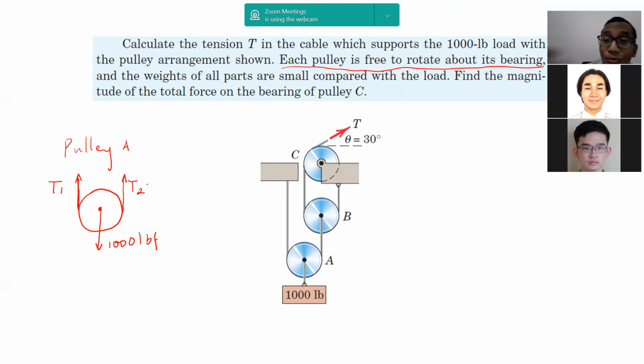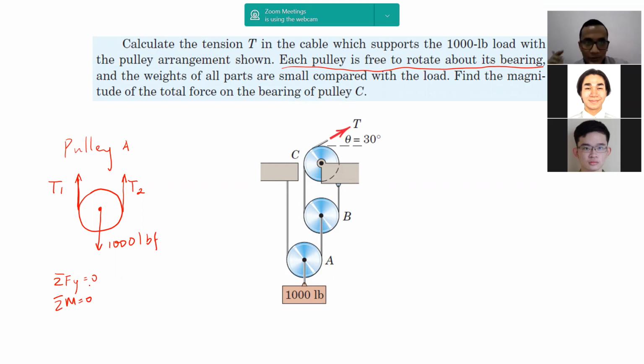Then try to list out all the equations that you have here. The equilibrium equations for this particular free body diagram. Sigma Fy equal to 0. What else? Sigma moment equal to 0.